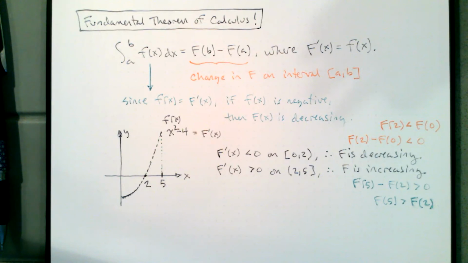If the derivative is negative, then the function is decreasing. The area tells you how much of a decrease. If the derivative is positive, then the function is increasing, and the area tells you how much of an increase. Any questions?